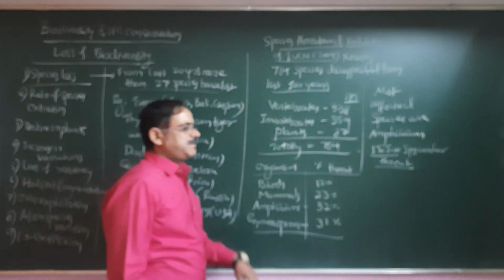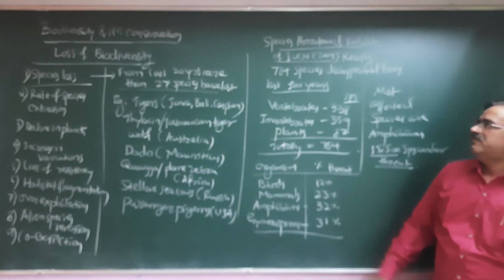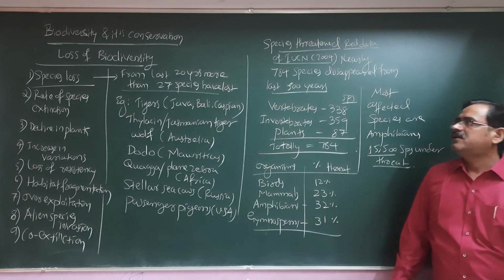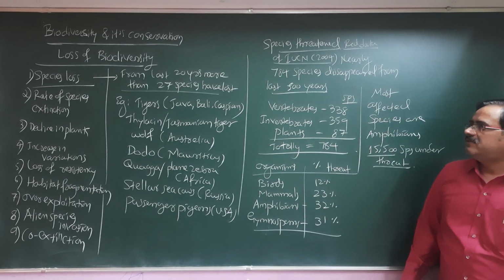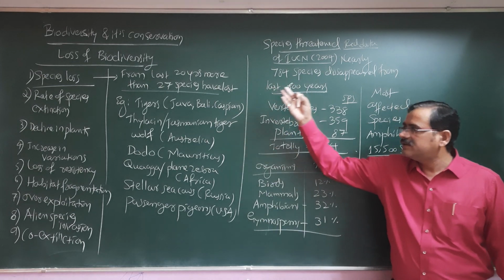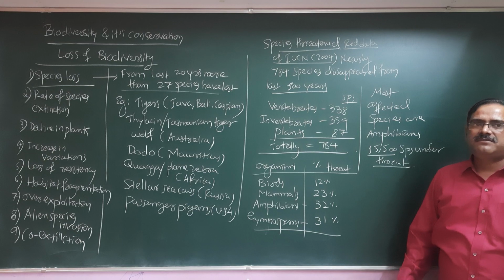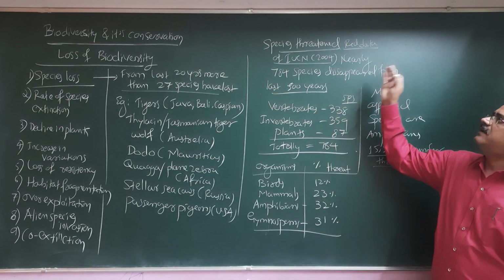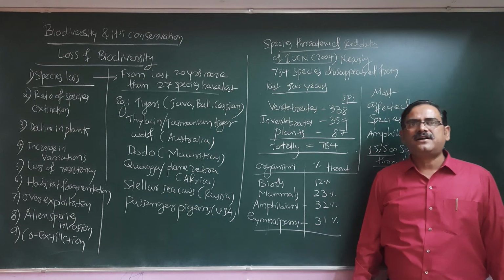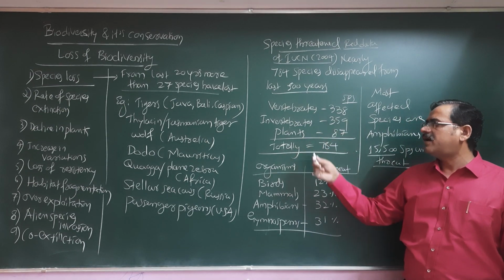The number of species lost so far is very high. From the last 20 years, one source says 27 species disappeared, including mainly the tiger, thalassin, dodo, quagga, stellar sea cow and passenger pigeon, because of over-exploitation or over-hunting. Similarly, 784 species from the last 500 years disappeared, including mainly vertebrates, invertebrates and plants.